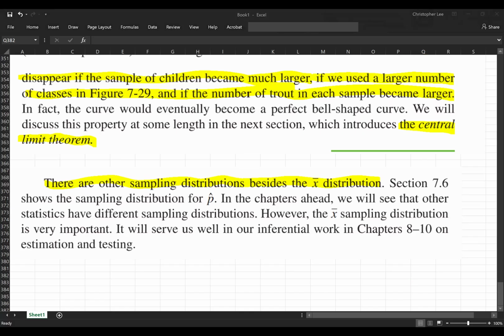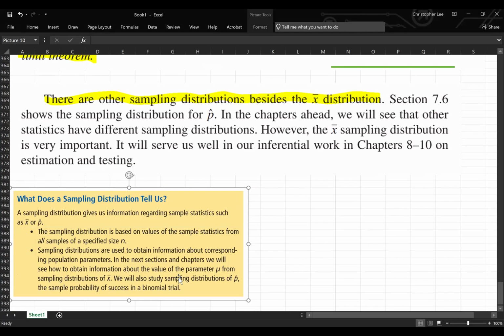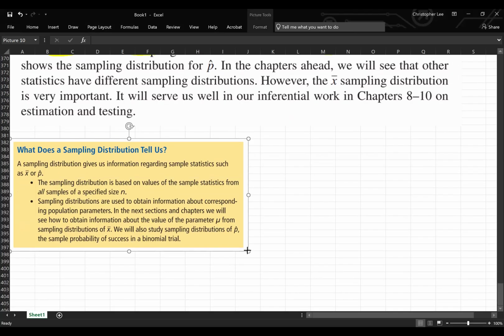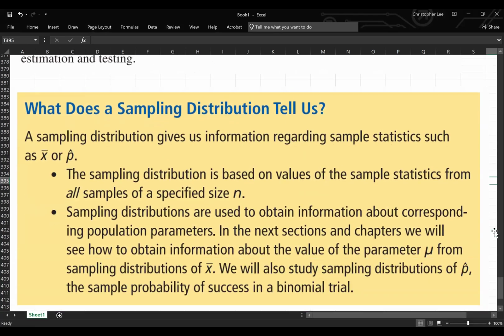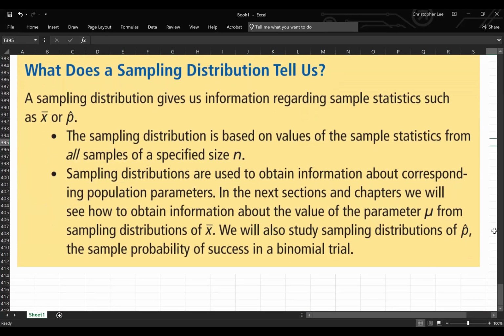Let's do a little bit of a summary here. What does a sampling distribution actually tell us? A sampling distribution gives information regarding sample statistics such as X bar or p hat.